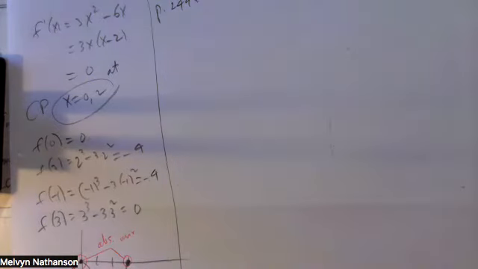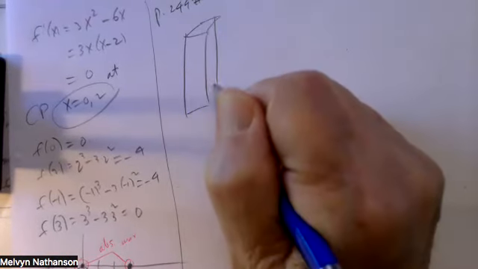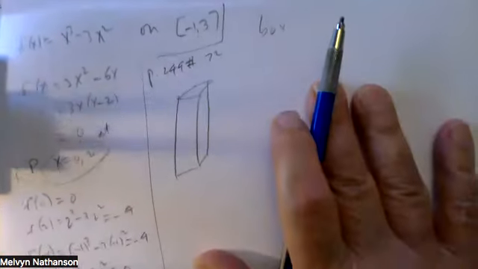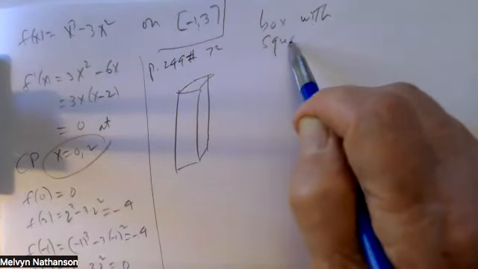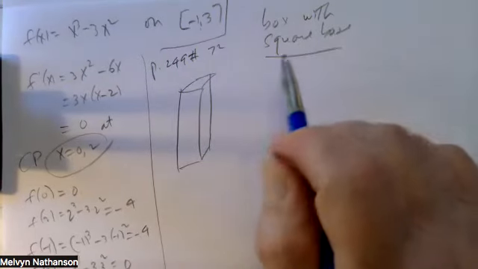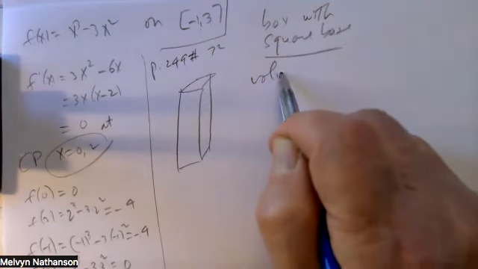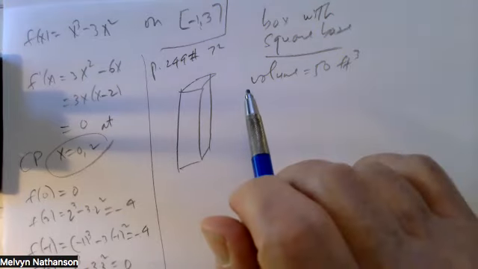So we want to look at a box with a square base. We look at all such boxes that have a volume of 50 cubic feet.